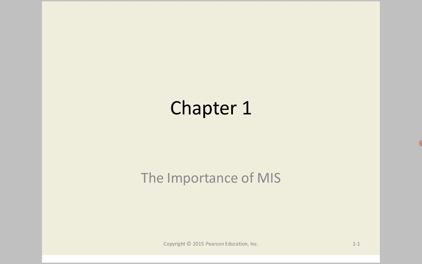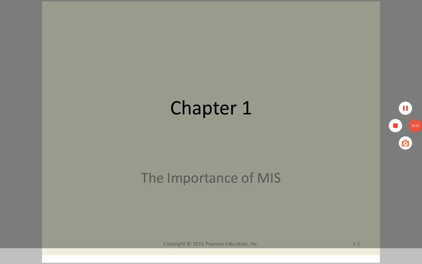So, what are the different types of models? Next are the different types of management information system. The first one is accounting management information system.